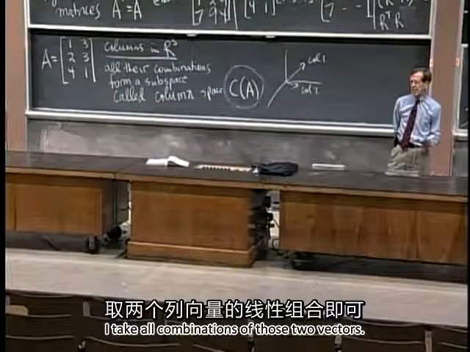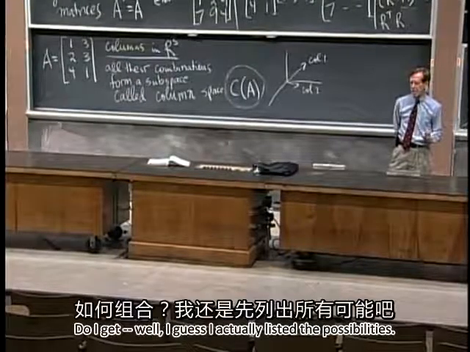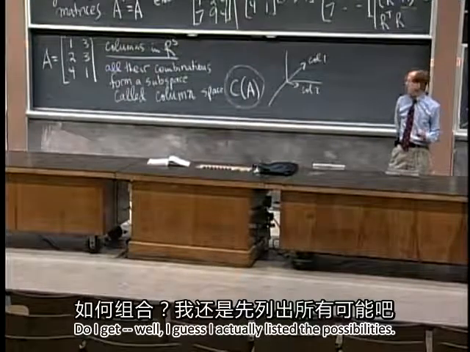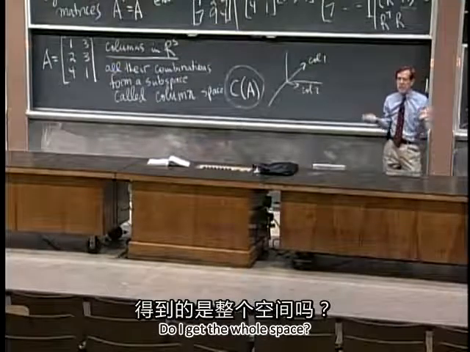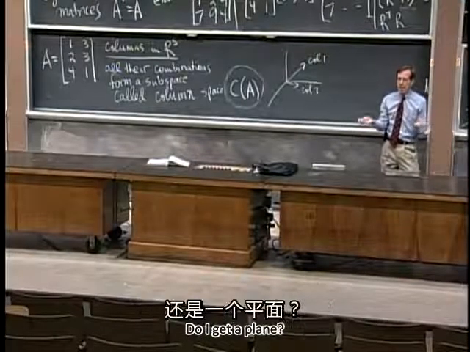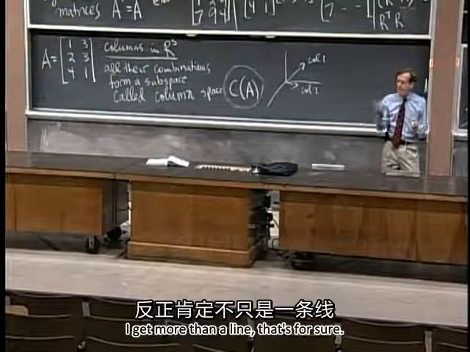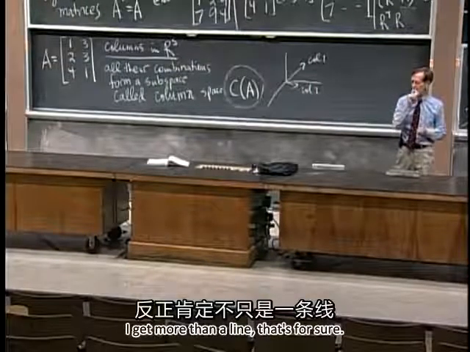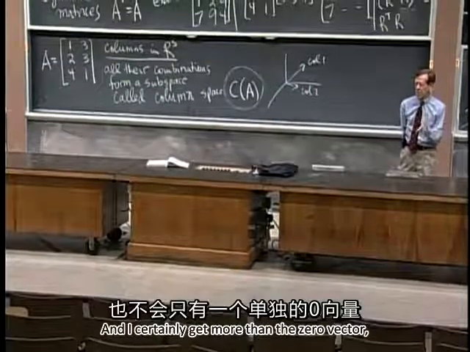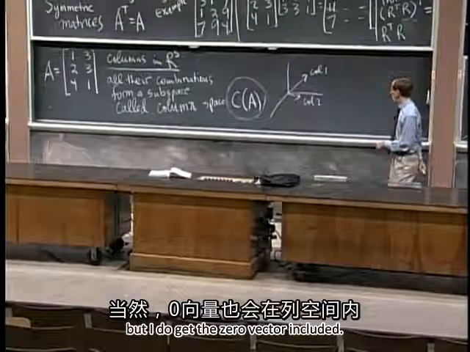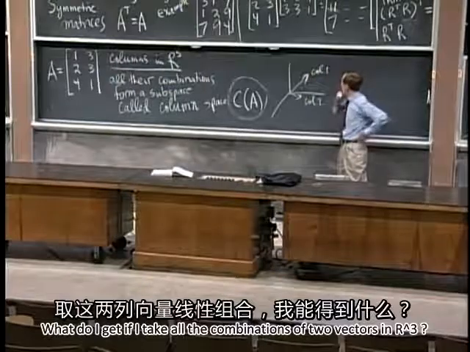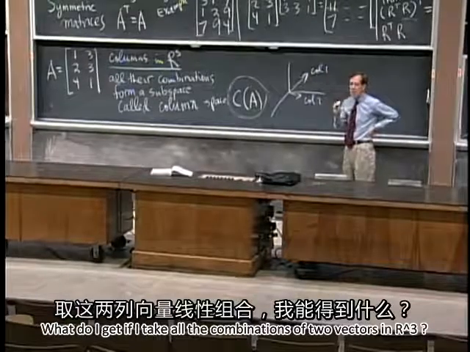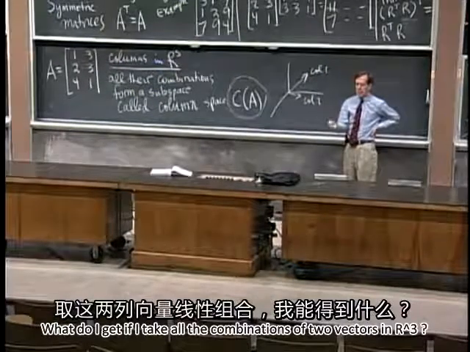I take all combinations of those two vectors. Do I get the whole space? Do I get a plane? I get more than a line, that's for sure. And I certainly get more than the zero vector, but I do get the zero vector included. What do I get if I take all the combinations of two vectors in R3?